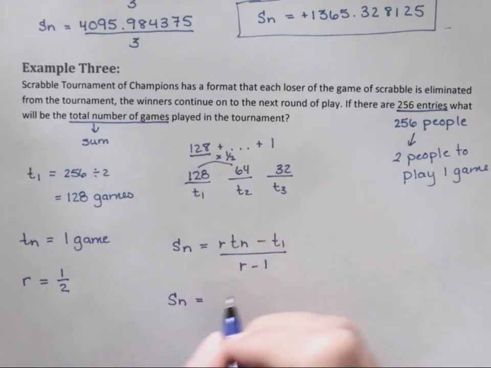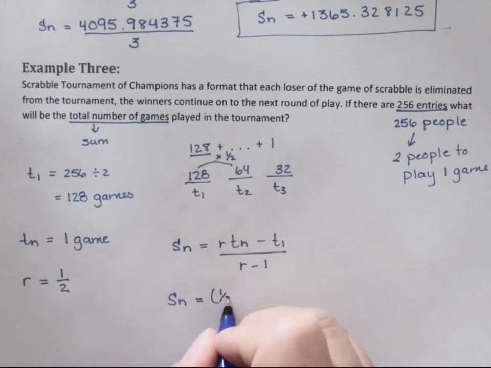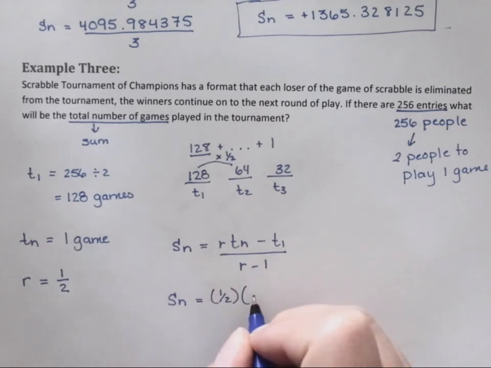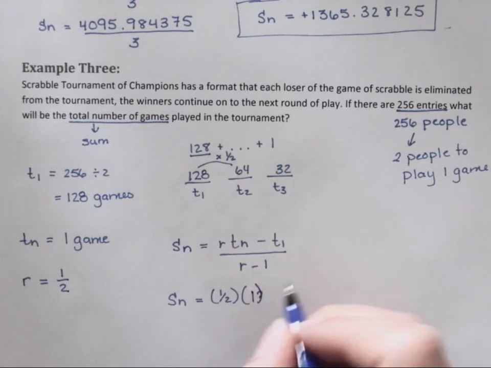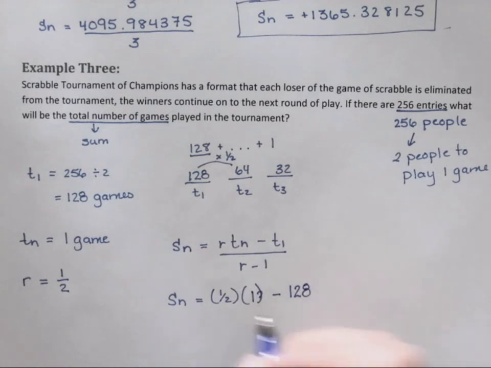So Sn equals R, which was 1/2, times Tn, which is 1, minus T1, which was 128 games, over 1/2 minus 1.